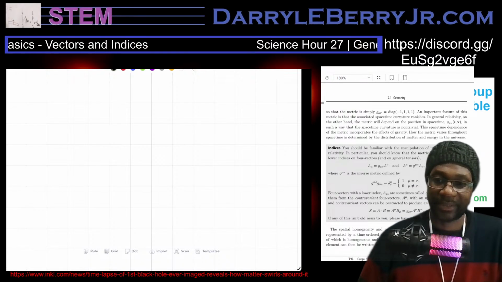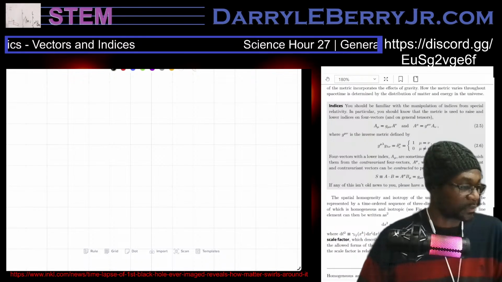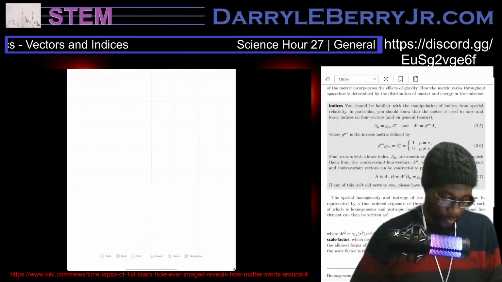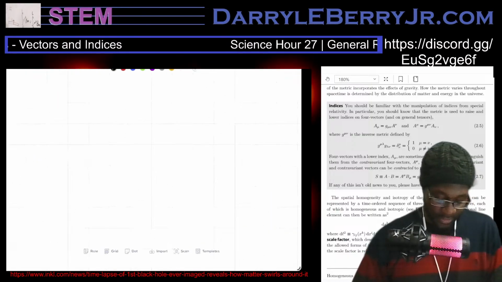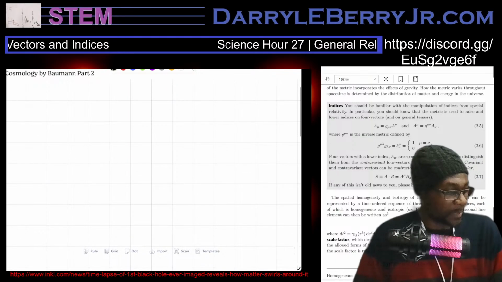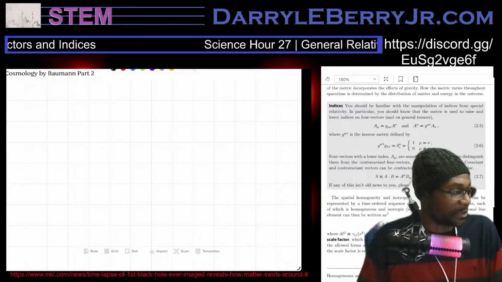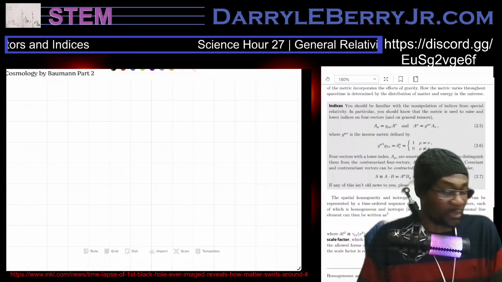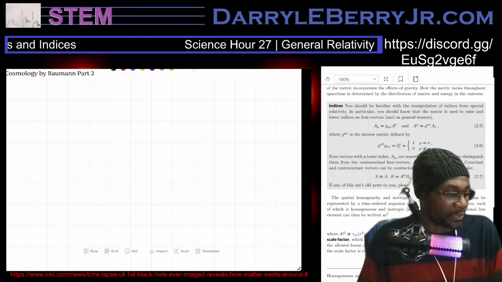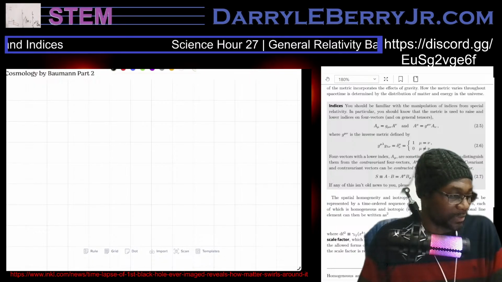I'll start with the end of section 2.1.1 and work from there to see how it goes. Spatial homogeneity and isotropy of the universe mean that it can be represented by a time-ordered sequence of three-dimensional spatial slices, each of which is homogeneous and isotropic.